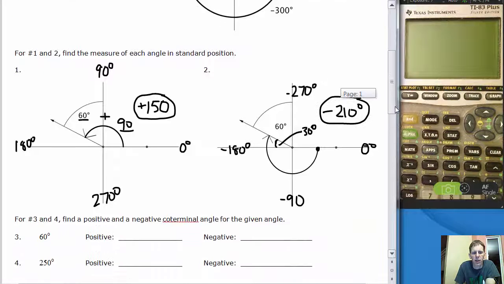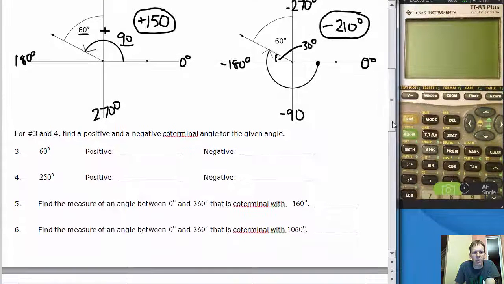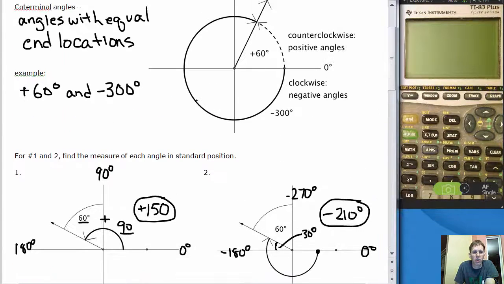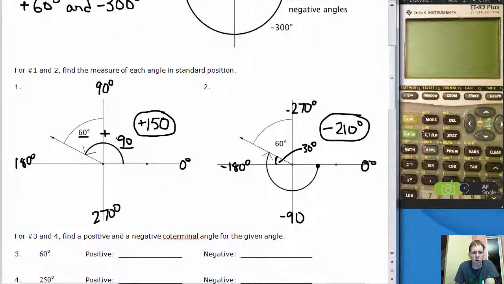Now we've already talked about finding coterminal angles. What I would like you to do is see if you can figure out the answers for 3, 4, 5, and 6, finding positive and negative coterminal angles. Now one example that we looked at earlier was the example of 60 and negative 300. What we just found in this example is also coterminal angles because we're measuring to the same measurement, positive 150 and negative 210.